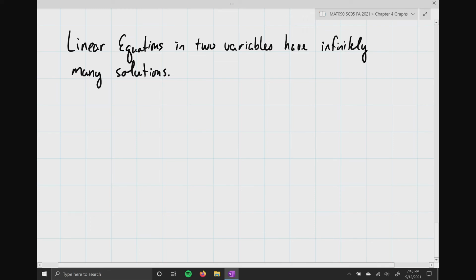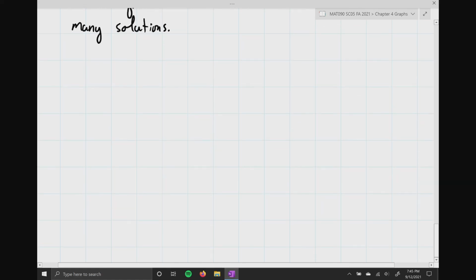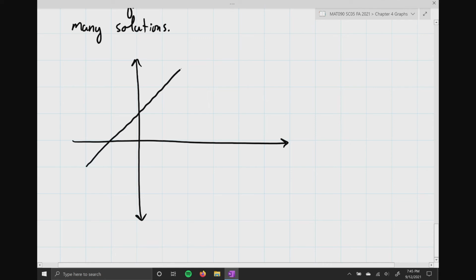All right? Because I got to be honest with you, your book kind of goes into this, but I think if they showed a picture, it would be a lot easier to understand. All right? So let me show you something. I'm going to draw this. Okay, and here's a line right here.